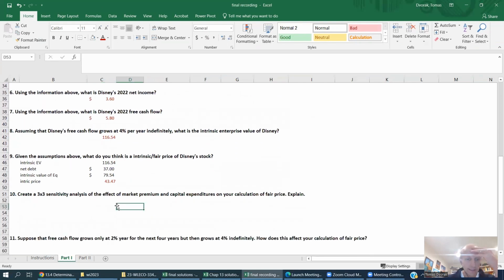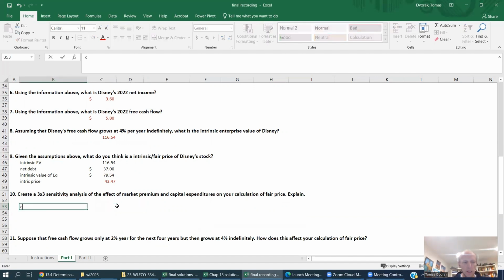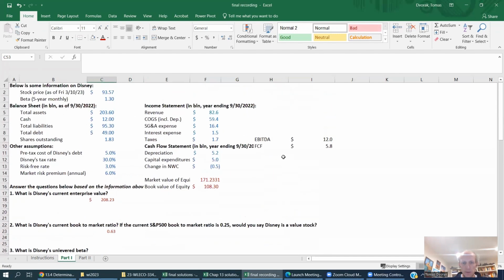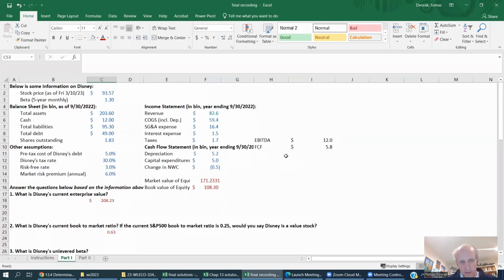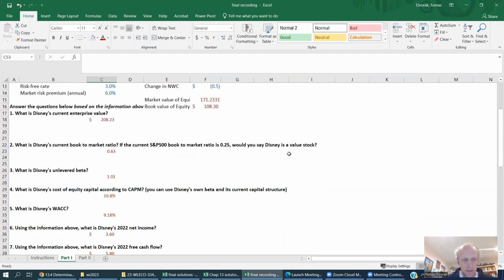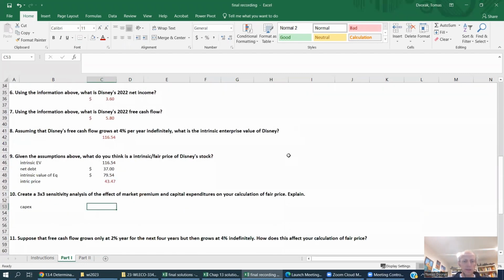I can create a sensitivity analysis of the effect of market premium and capital expenditures on the calculation of fair price. So let's do CapEx in the columns. CapEx right now we're assuming 5 billion. So let's do a sensitivity analysis. What if it was lower? 5 or 6.